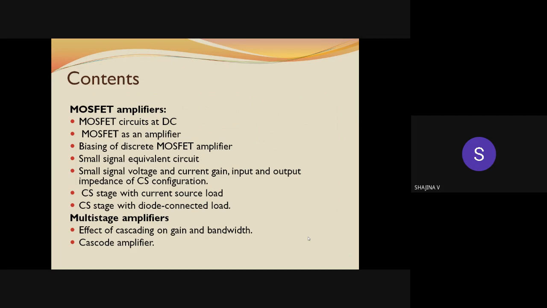By drawing the small signal equivalent circuit, you can analyze and find the voltage gain, current gain, and input and output impedance of the CS configuration, as we have previously done in the case of the common emitter amplifier. Then the other two, CS, common source stage with different loads, have to be studied. Then in multistage amplifiers, the effect of cascading and cascade amplifiers.